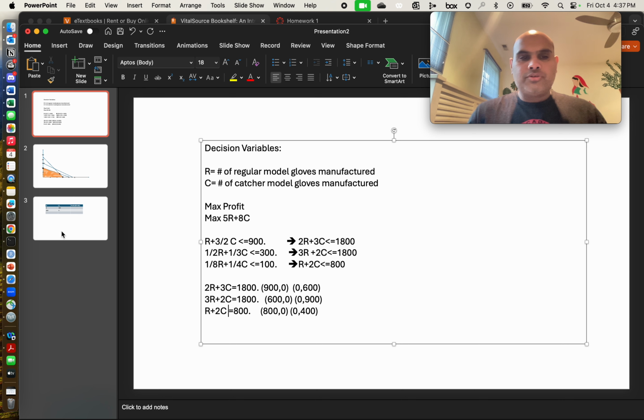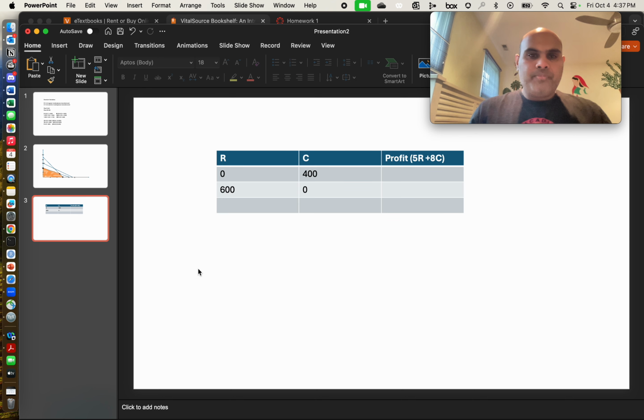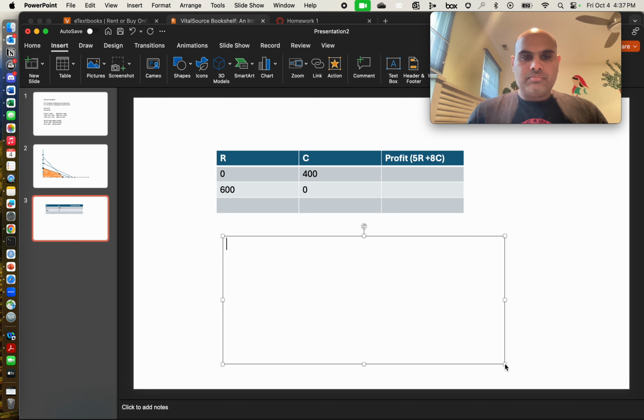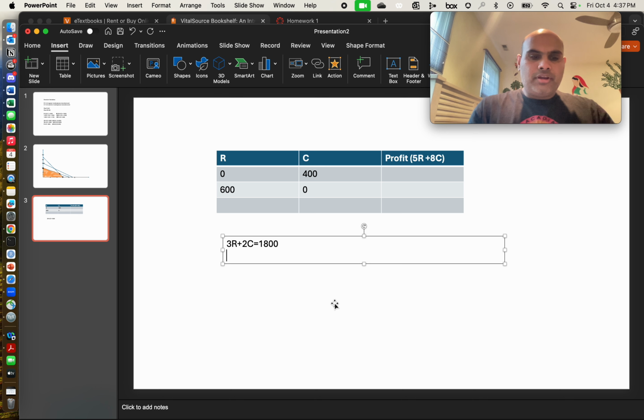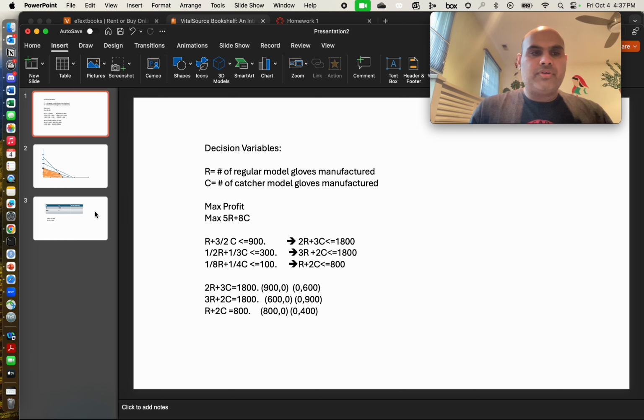So it's 3r plus 2c is 1800, and r plus 2c is 800. This actually should not be that difficult to solve. So you have 3r plus 2c is 1800. Then you have r plus 2c is 1000, right? Or was it 800? I'm sorry.